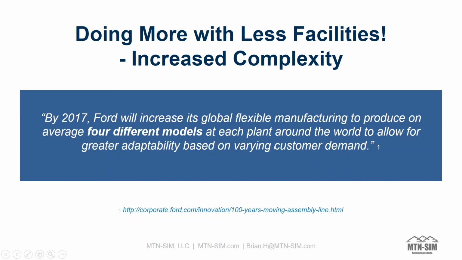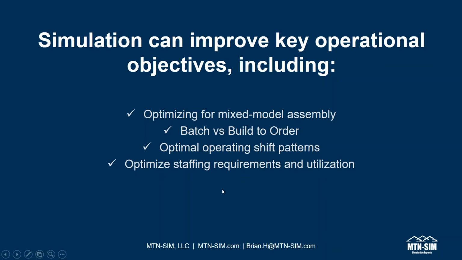So the days of just building 1 vehicle type per plant is pretty much in the past. So now we have less overall manufacturing facilities, yet our family of products might be even growing. And so we're definitely using flexible manufacturing and mixed model assemblies, and we're doing more with less.